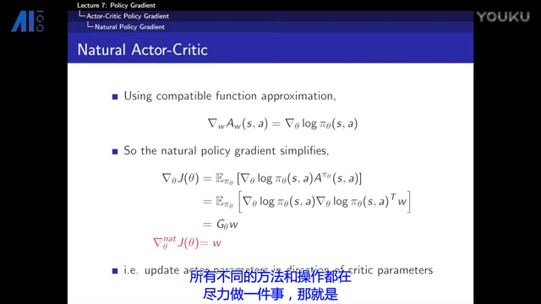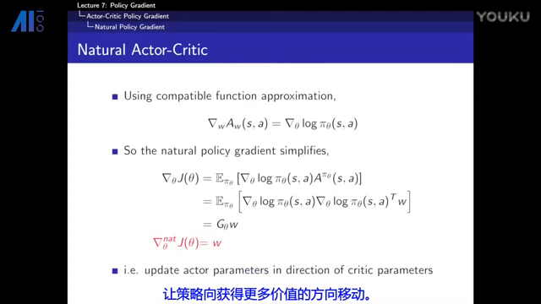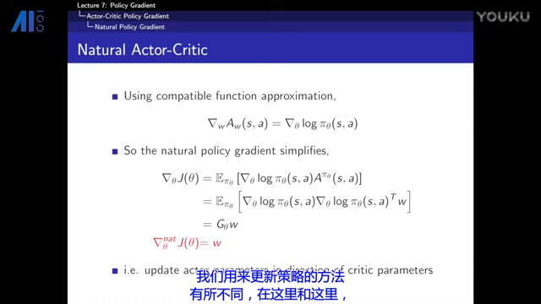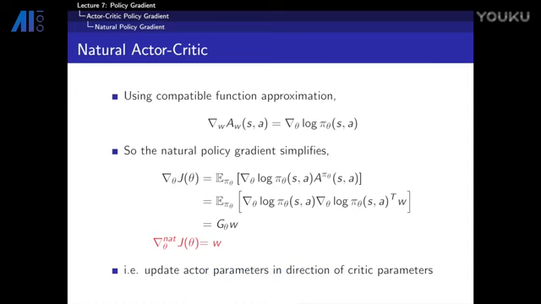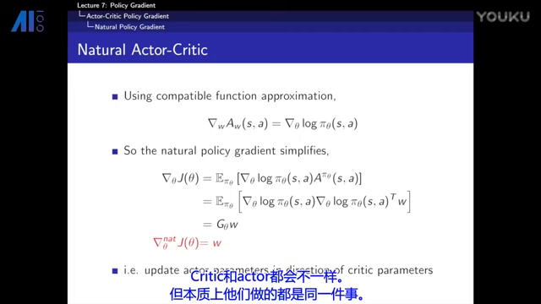They're different manipulations of trying to say, move the policy in the direction that gets you more value. The way that we estimate value using the critic is what varies, and the way that we update our policy is what varies between here and here. So the critic can vary, the actor can vary, but essentially they're all doing roughly the same thing.